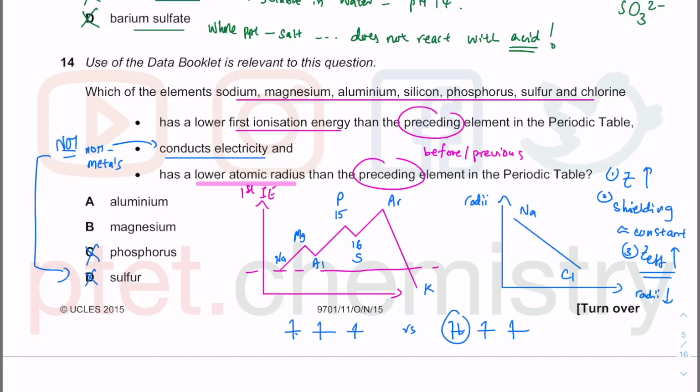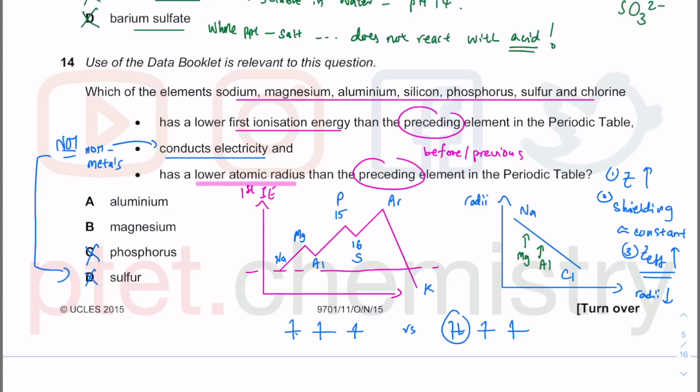So this one has a lower atomic radius than the preceding element, aluminium and magnesium. If magnesium is there and aluminium is there, you're looking at lower atomic radii than the preceding element. Magnesium has a lower one than sodium, aluminium has a lower one than magnesium, so both of them could be the answer based on lower atomic radius.